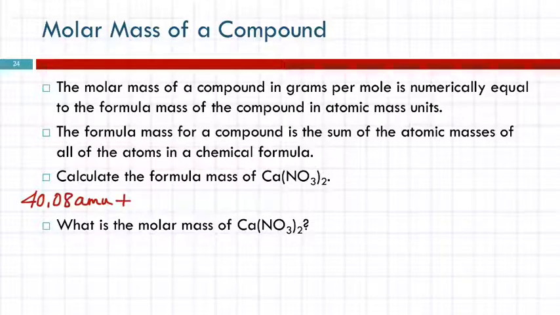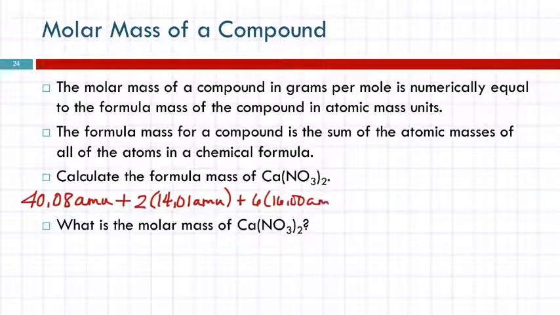How many nitrogen atoms are in this formula? 2. Okay, so 2 times the mass of nitrogen. And how many oxygen atoms? 6. And so the average mass of oxygen is 16.00 atomic mass units.